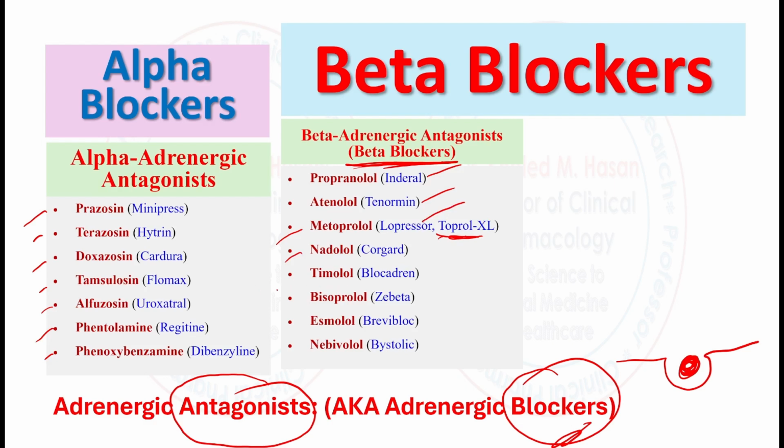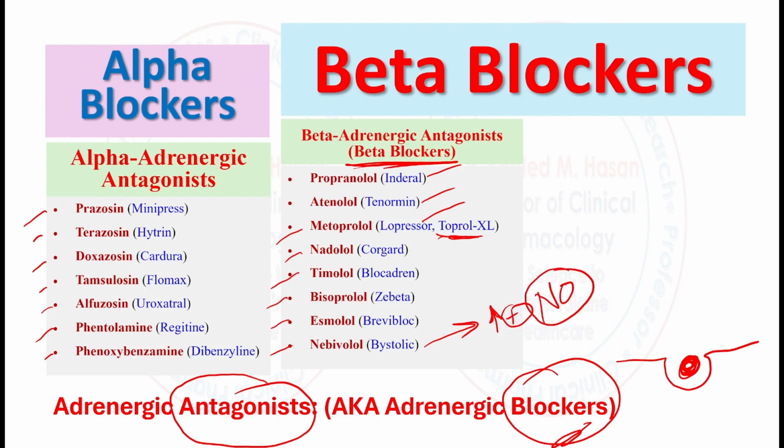Then we have timolol for glaucoma, bisoprolol for blood pressure, esmolol for cardiac arrhythmia, and then nebivolol, Bystolic. A characteristic of nebivolol is that it is the only, the most popular medication in beta blockers, that increases or stimulates nitric oxide in the blood vessels.